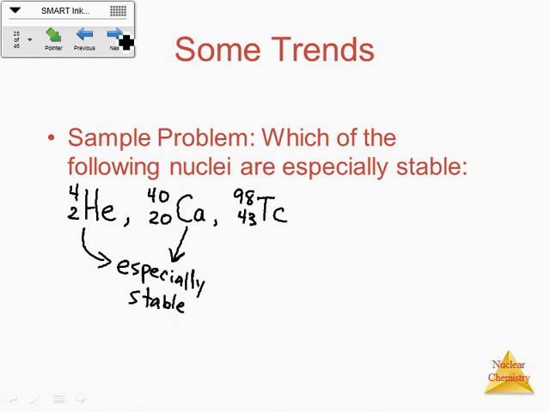It does have an even number of protons and neutrons, and that's going to contribute to stability, but it's not really that stable compared to the other two. Okay, so the ones that are especially stable would be the helium and the calcium.